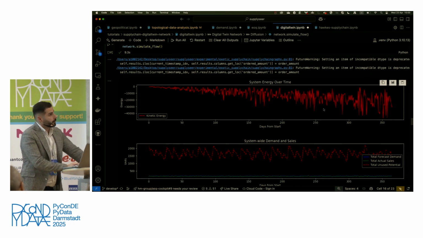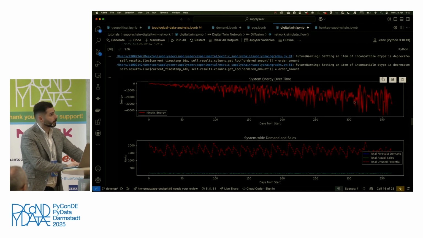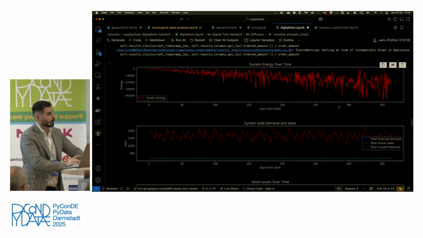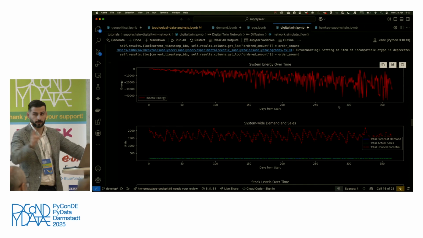So the lower the values, the better. That means there are no bottlenecks in this system. The flow between warehouses and stores is very good. There is no built-up energy or built-up stock waiting somewhere, like reserved energy. It's all negative.